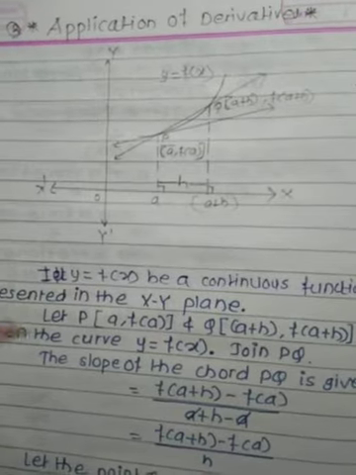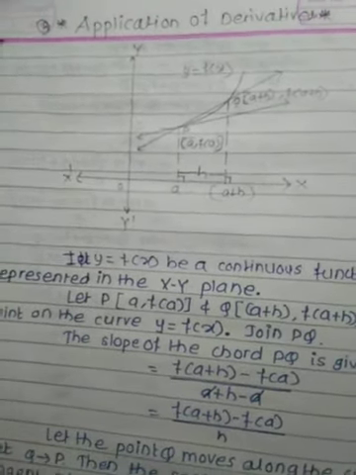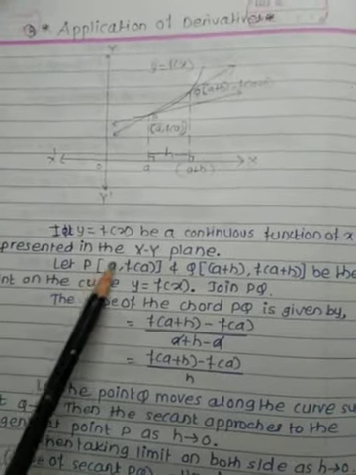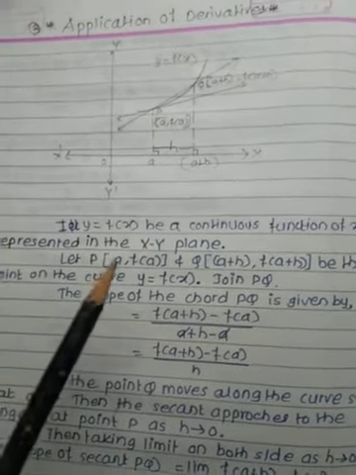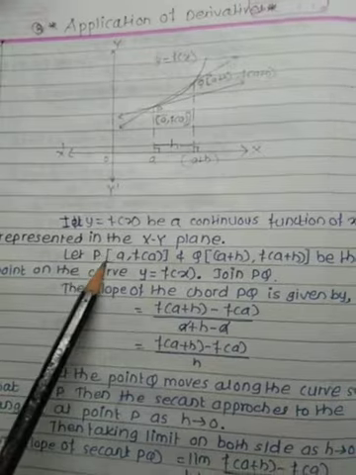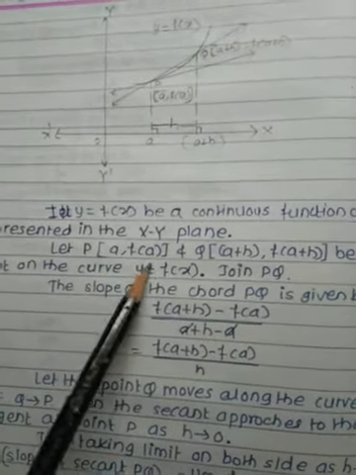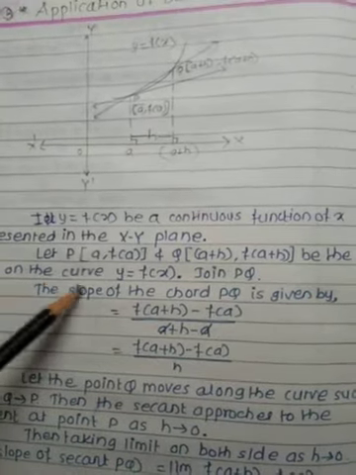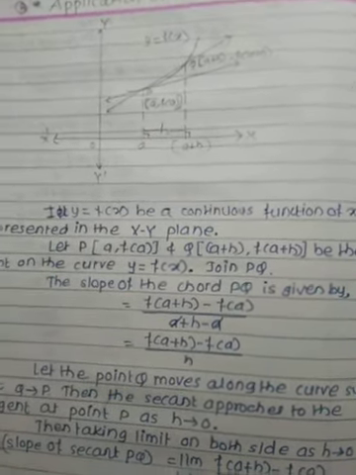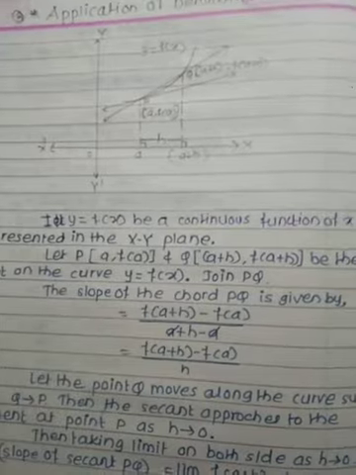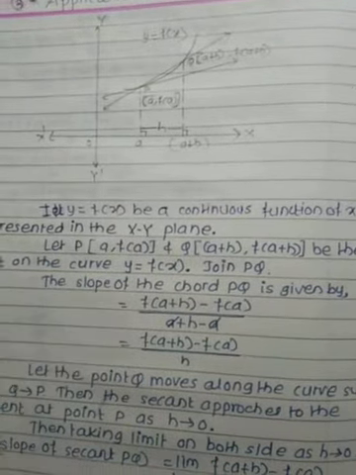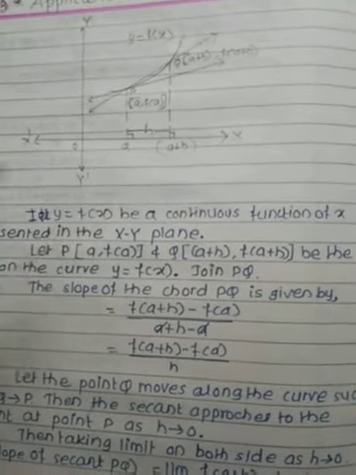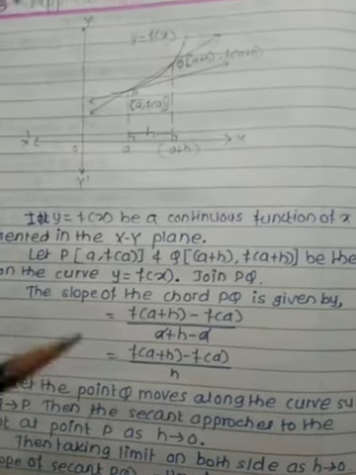If it is a continuous function in the xy plane, then p is a, f of a and q is a plus h, f of a plus h, on the curve y is equal to f of x. Now join pq, the secant.